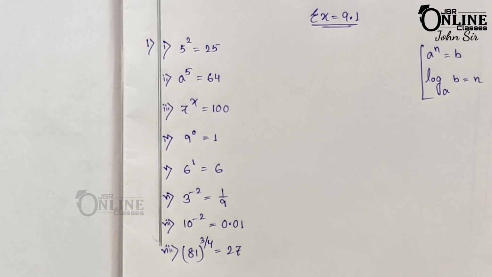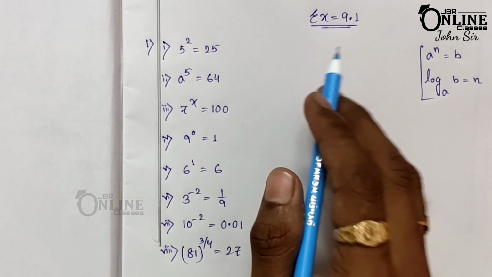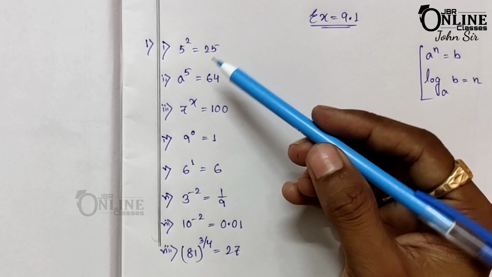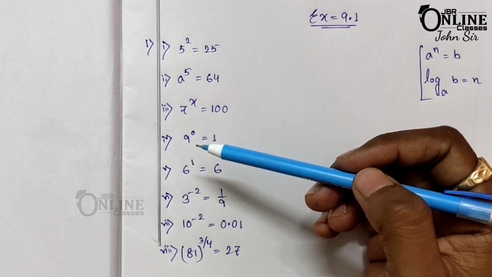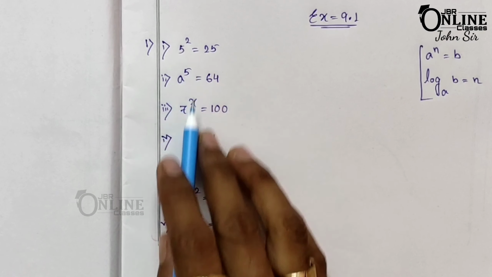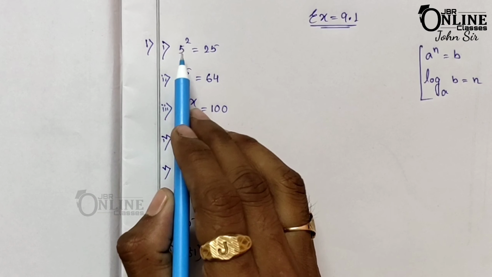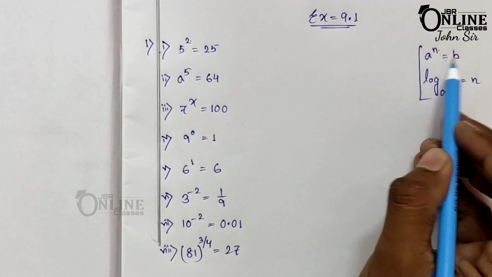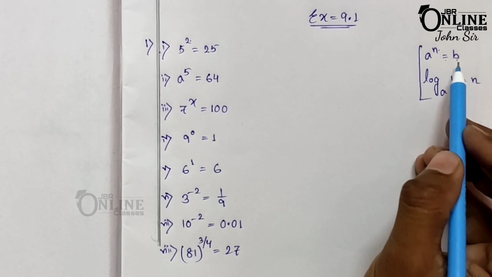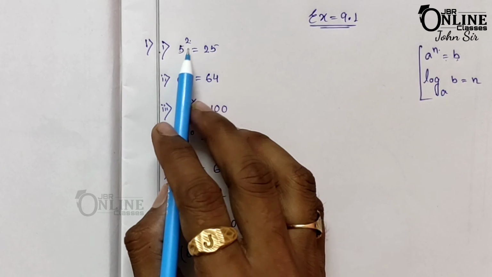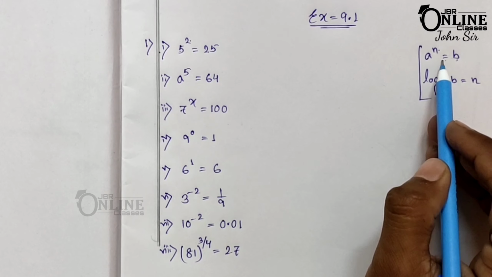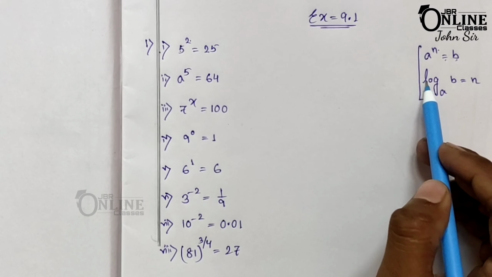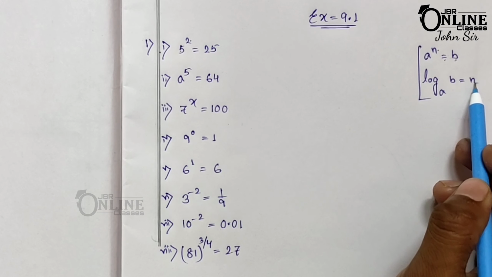So now I am going to solve exercise 9.1. Here the first problem: convert the following to the logarithmic form. These are the exponential forms as given. So the first one is 5 square equals 25, that means a to the power n equals b. This is the exponential form, and if you want to convert it into logarithmic form, that will be log a b equals n.